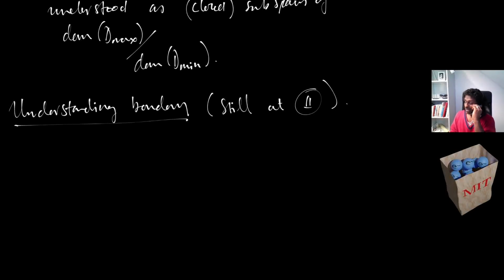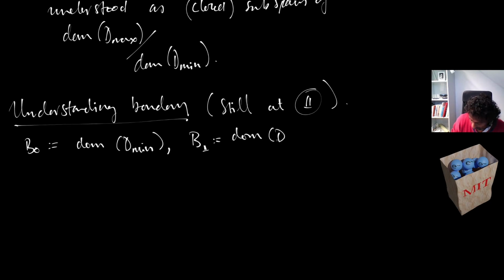If we want to talk about boundary, we have some God-given spaces and some God-given maps. So we have B0, which is given as dom dmin, and we have B1, which is given as dom dmax. So that's fixed. But now we have another map.